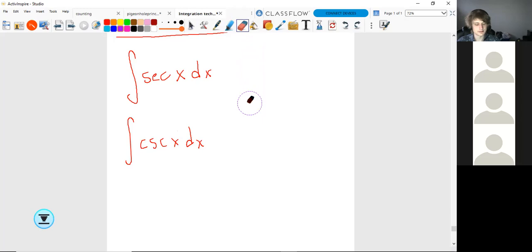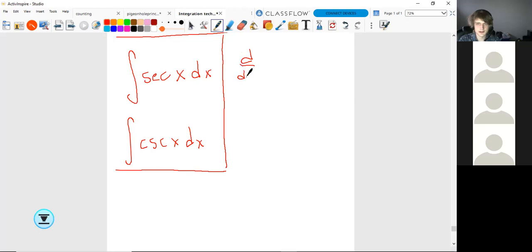For the first one, I'm assuming it has to do with something like tan and sec together. Yep. Okay. So what is the derivative of sec? This is a good hint. What's the derivative?